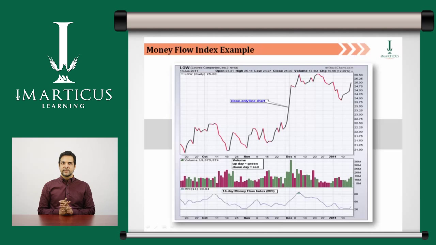First, chartists can look for overbought or oversold levels to warn of unsustainable price extremes. Second, bullish and bearish divergence can be used to anticipate trend reversals. Third, failure swings at 80 or 20 can also be used to identify potential price reversals.